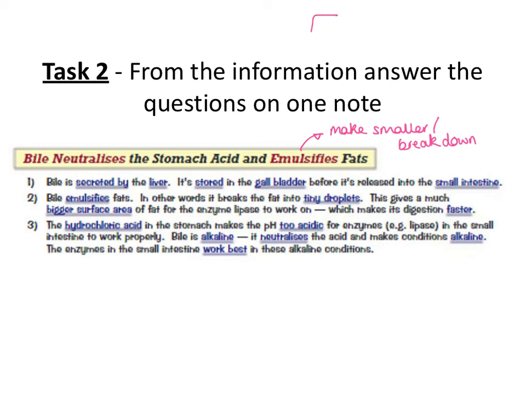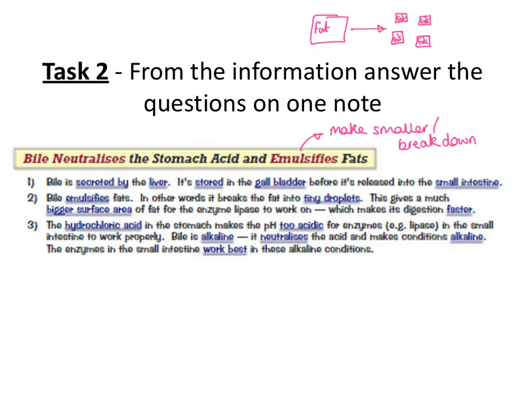Fat is a really large molecule and it's really hard to break down. If I've got one large fat molecule, all bile does is literally rip the fat apart into smaller pieces, but they are still fat molecules. They are just smaller fat molecules that are easier for enzymes to break down.